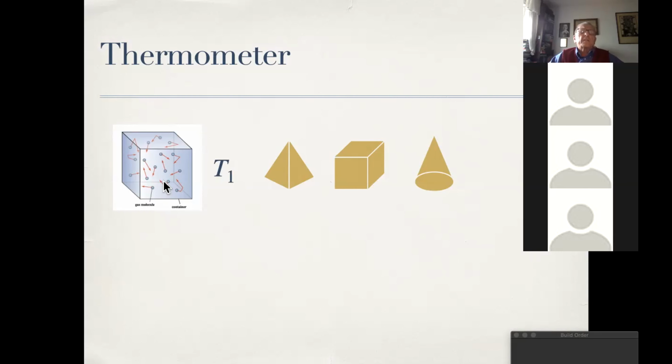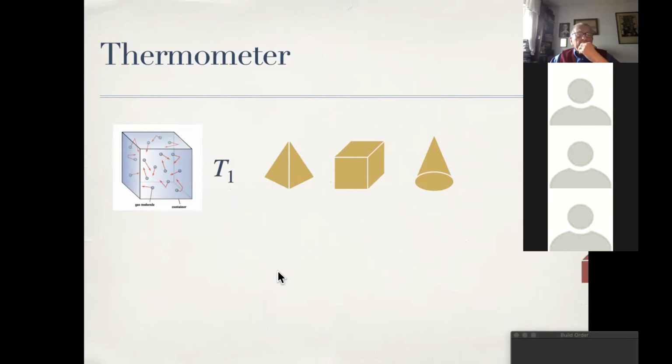Since we know that the mean kinetic energy in the ideal gas is just the temperature, then we can say that this temperature T1 we assign to the system being in thermal equilibrium is a kinetic energy of the particles, but not necessarily the kinetic energy of the particles out of which these 3 yellowish bodies are constructed, but the mean kinetic energy of the particles in our thermometer.